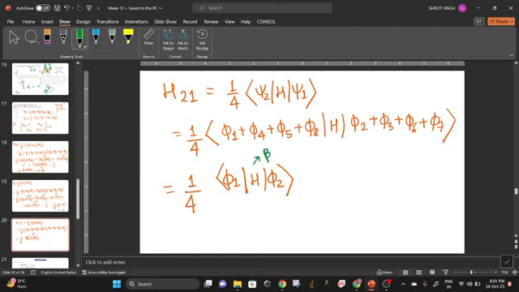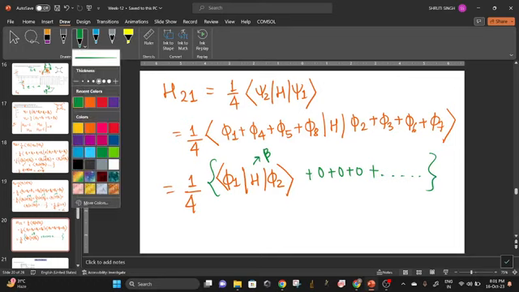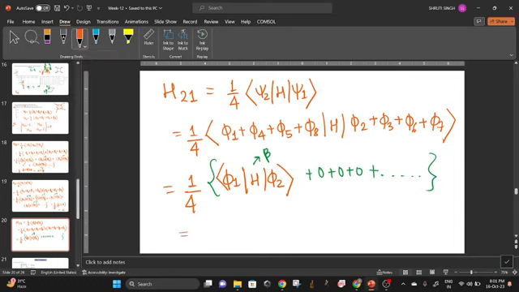1 and 3, 1 and 6, and 1 and 7 are not adjacent, so we will get 3 zero terms for one set, and similarly we will have 12 more terms like that. So in total we will have 4 beta terms. So it will be 1 over 4 beta into 4.